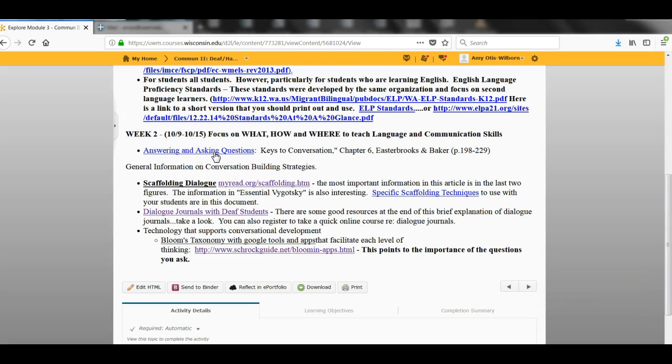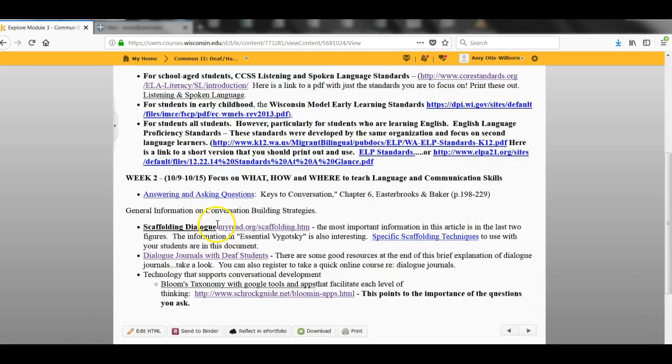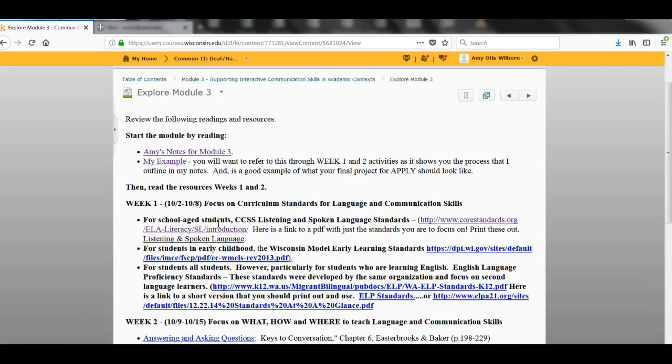Certainly your book chapter, keys to conversation, questions being really important, scaffolding, dialogue journals, and then there are some ideas that are related to Bloom's taxonomy. So that is what week 2 looks like.